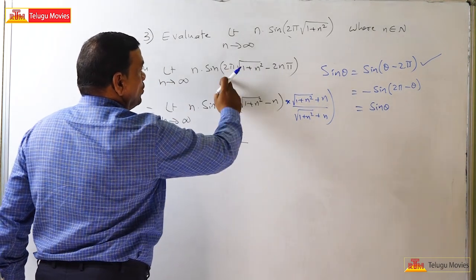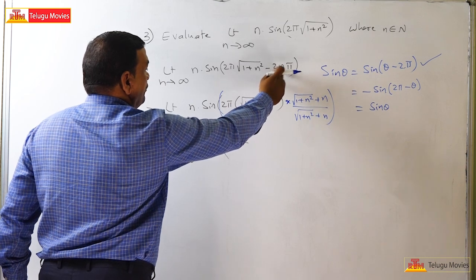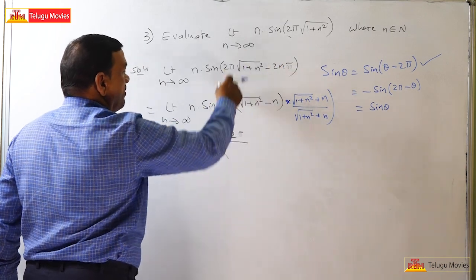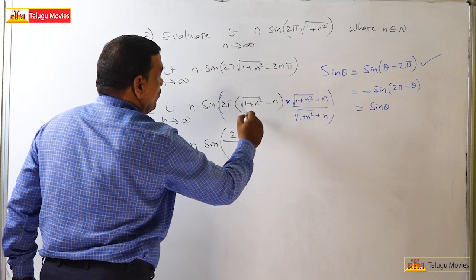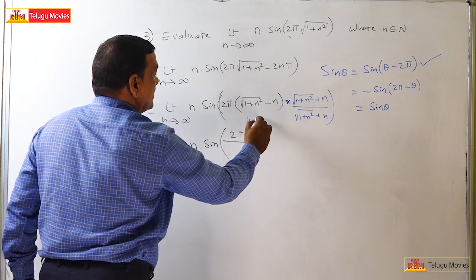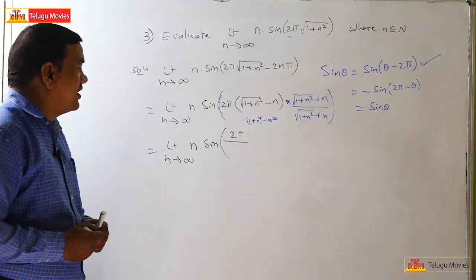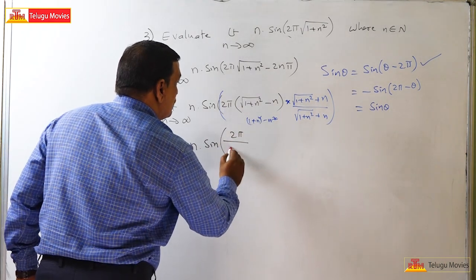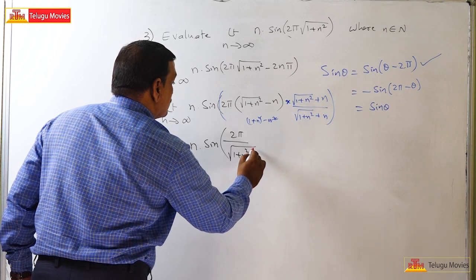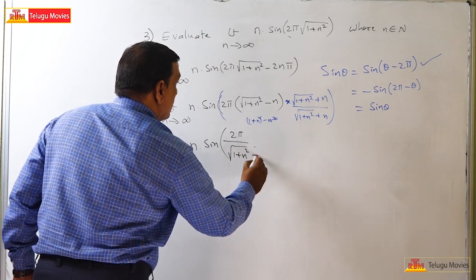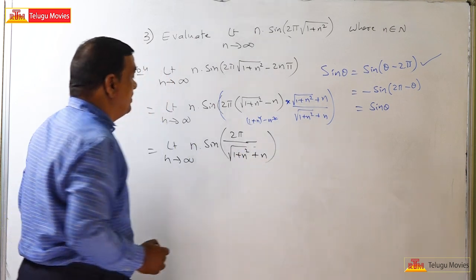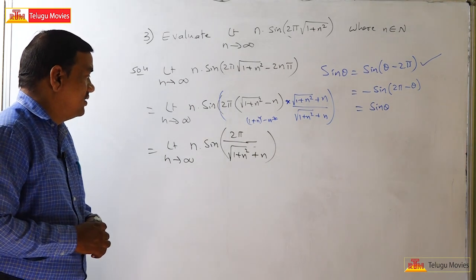Here we have taken 2 pi common outside. If you take 2 pi common outside, here we will remain with 1 plus n square minus n square, only 1, so you will remain with 2 pi. So this is equal to root of 1 plus n square plus n. So ultimately up to here we got that.